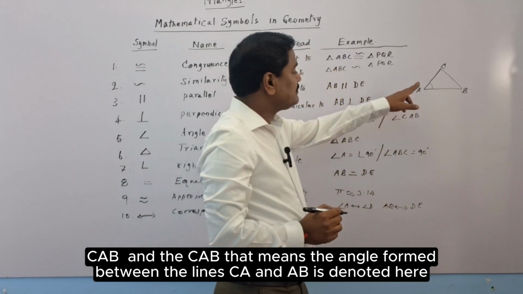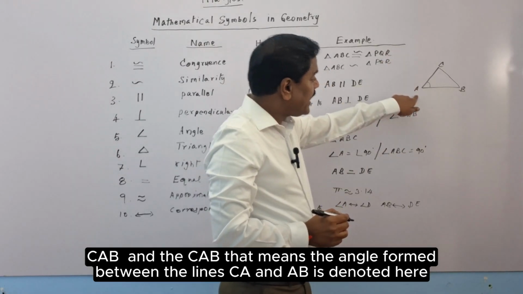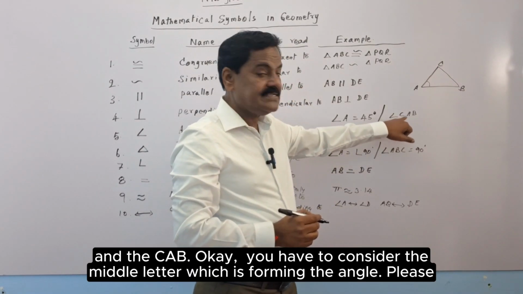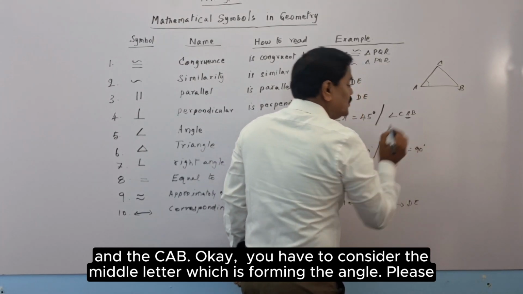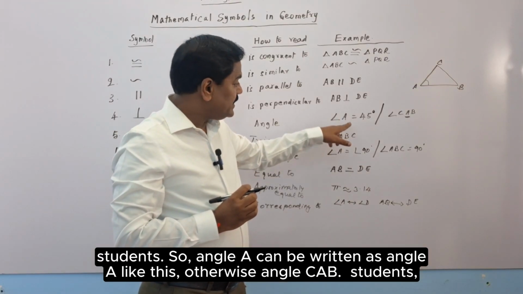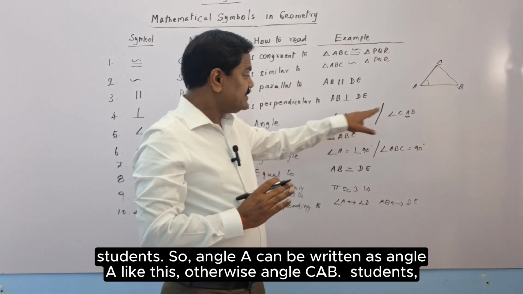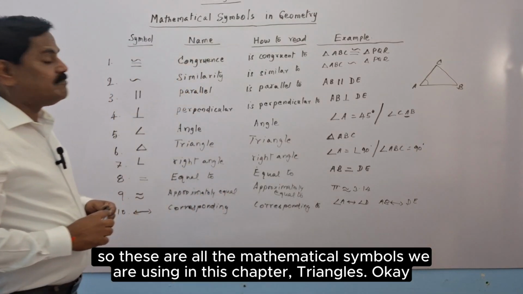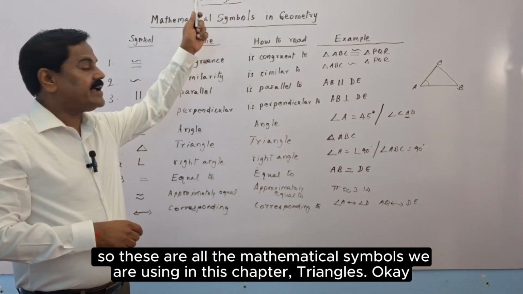That means the angle formed between the lines CA and AB is denoted as angle CAB. You have to consider the middle letter, which is forming the angle. Clear, students? So angle A can be written as angle A like this, otherwise angle CAB. So these are all the mathematical symbols we are using in this chapter, triangles.